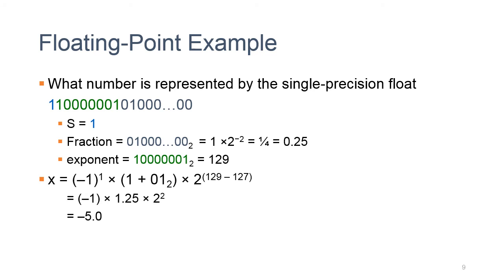Now our exponent is 129 and our bias for single precision is 127, and we get 129 minus 127. After simplifying it, we get minus 1 multiplied by 1.25 multiplied by 2 to the power 2, so it becomes minus 5.0.